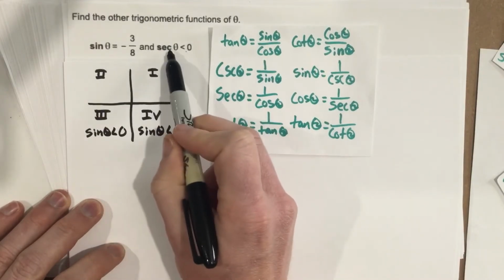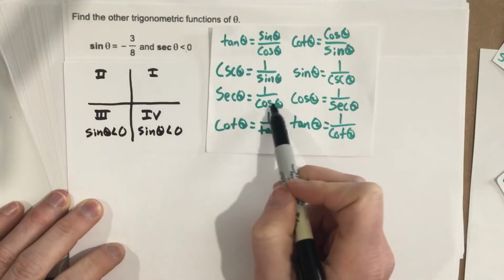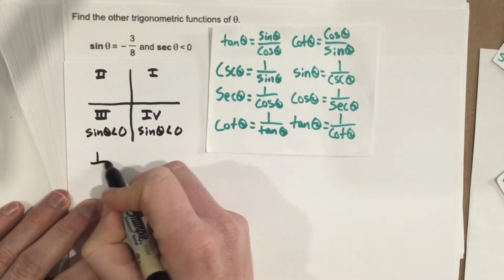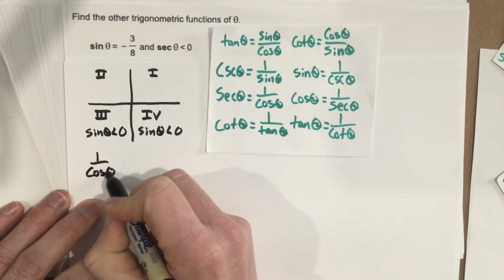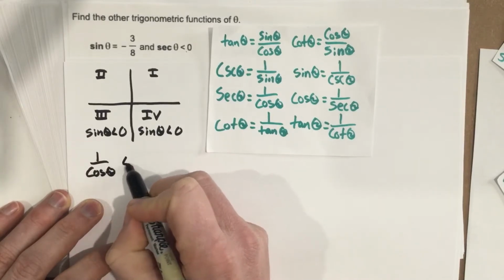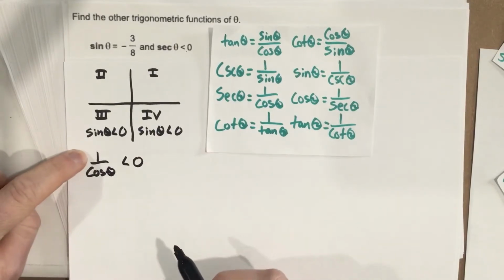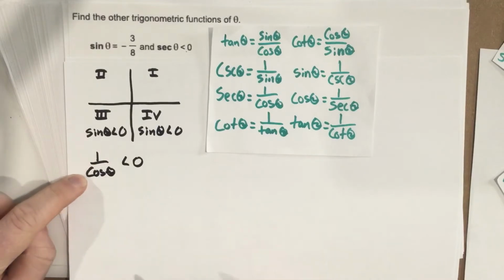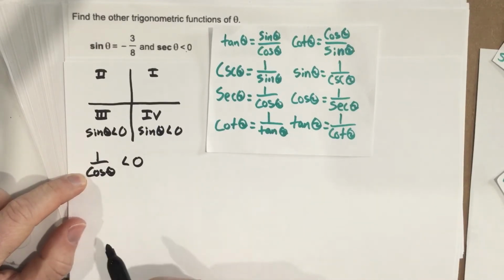Now, secant of theta less than 0. We know secant is 1 over cosine theta, which is less than 0. If 1 is positive, then cosine has got to be negative in order for this to be less than 0. Where is cosine negative?